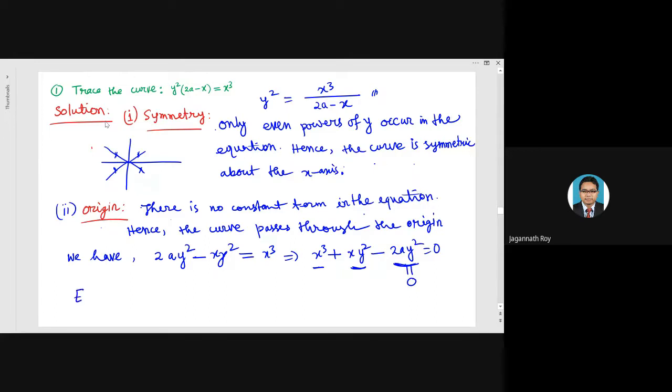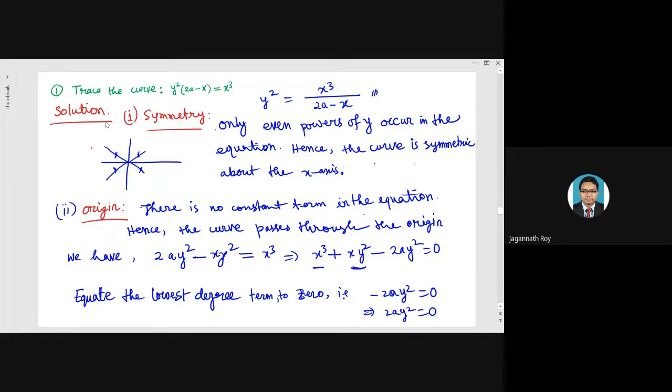So let us equate the lowest degree term to 0. That is, here minus 2a y square equals 0. So here we get 2a y square equals 0. And this is nothing but y equals 0.